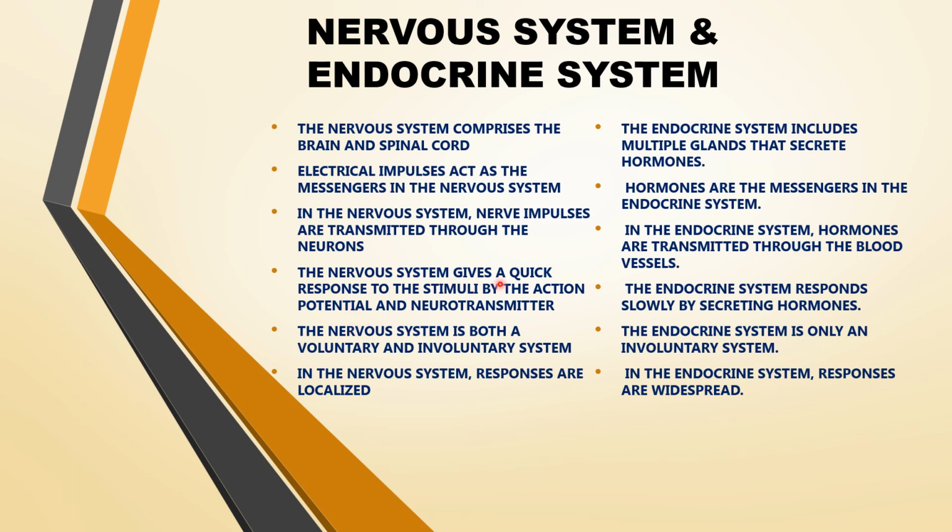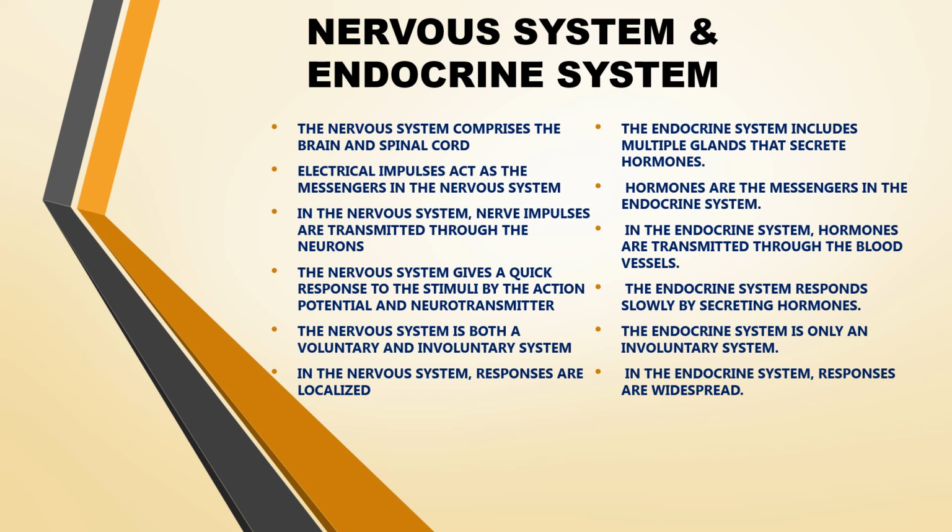The nervous system gives a quick response to stimuli by the action potential and neurotransmitter, while the endocrine system responds slowly by secreting hormones. The nervous system is both voluntary and involuntary, but the endocrine system is only involuntary. In the nervous system, responses are localized, but in the endocrine system, responses are widespread.